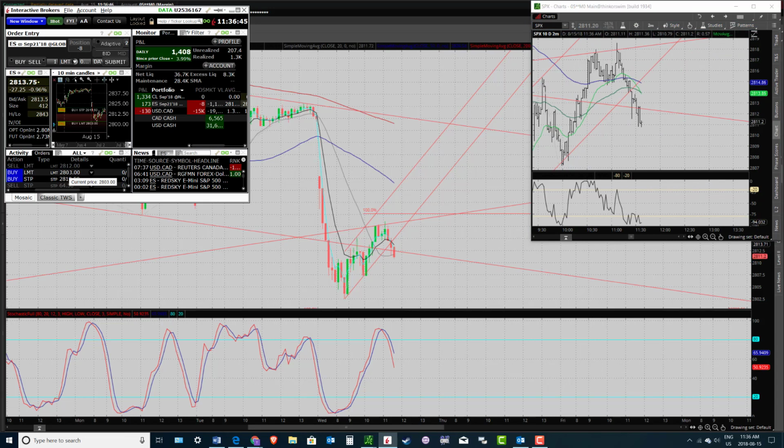Okay, I think I'm just going to change the order to buy these short contracts back at 28.11. Just capture a quick few $100 here. I'll update that.